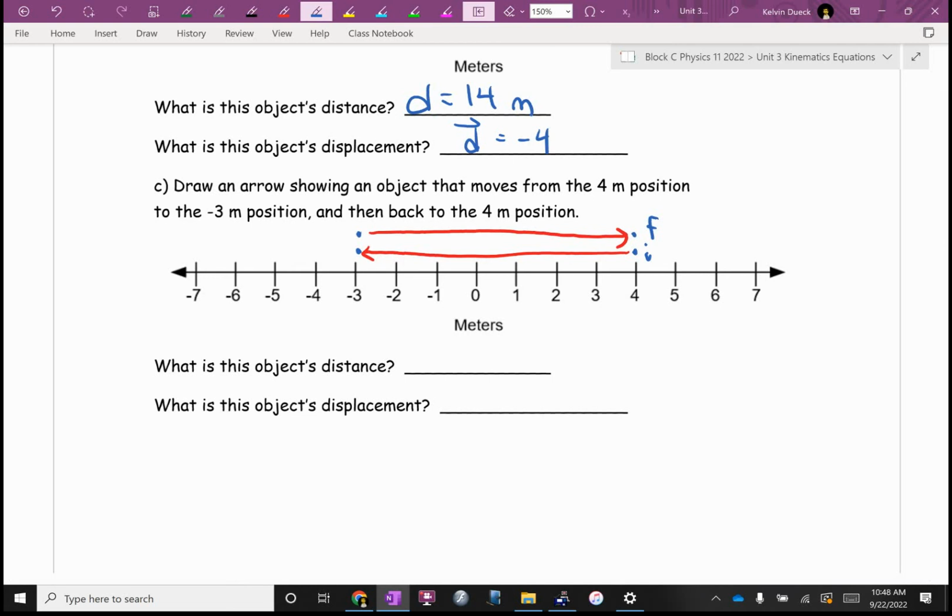Carter, what's this object's distance? You count it. Ready? 4 and 3. Twice would be, yeah.